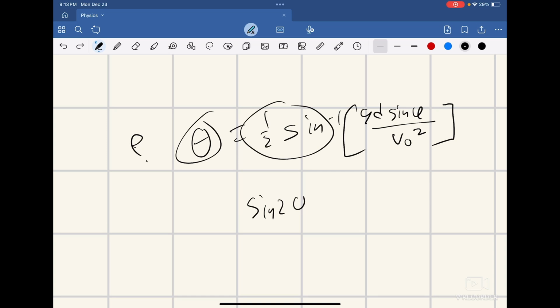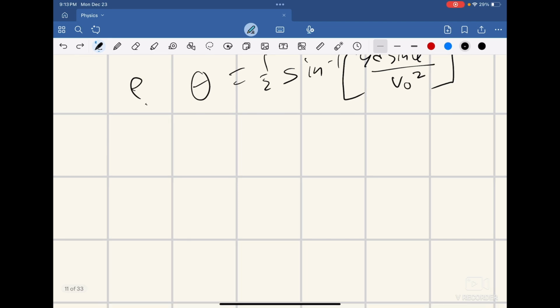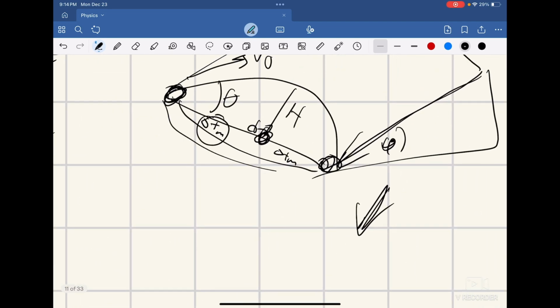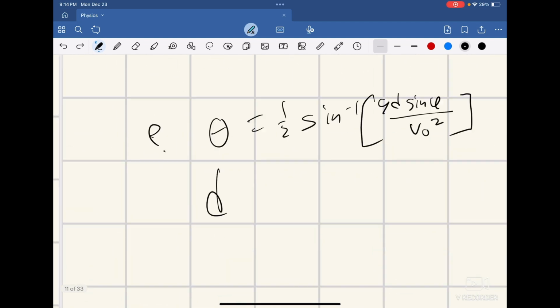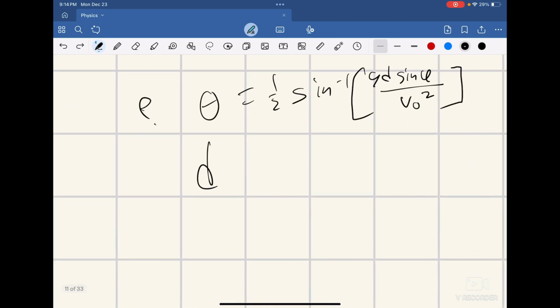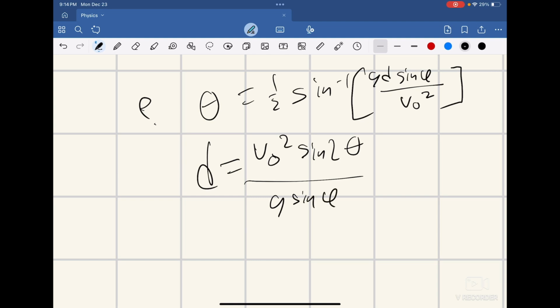And the only formula that comes to mind when we see that is the horizontal displacement, right? The D is given by V initial squared sine 2 theta over A, where A is just G sine phi.